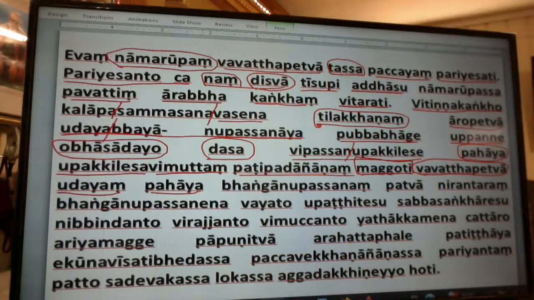So as the level of wisdom gets higher and higher, watching arising is no longer needed. At that time, there is only Bhaṅgānupassanā. Bhaṅga is disappearing.